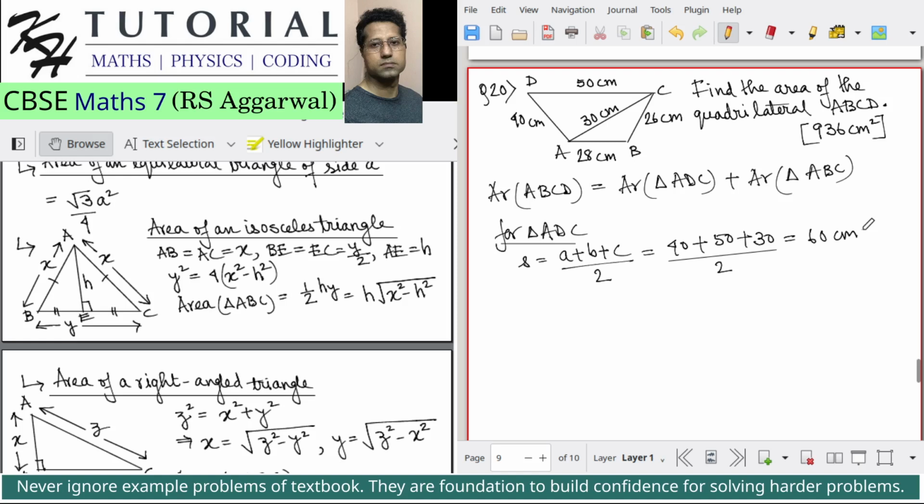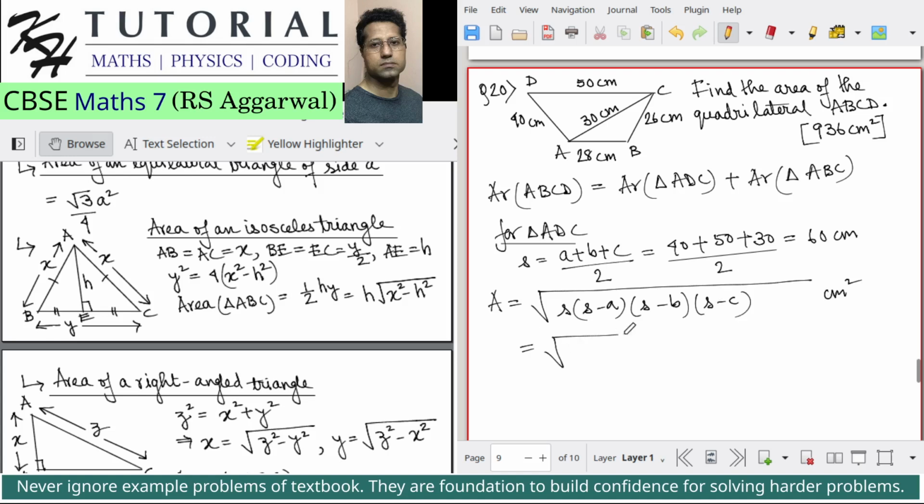Okay, and so the area will be square root of S multiplied by S minus A multiplied by S minus B multiplied by S minus C, this much centimeter square.